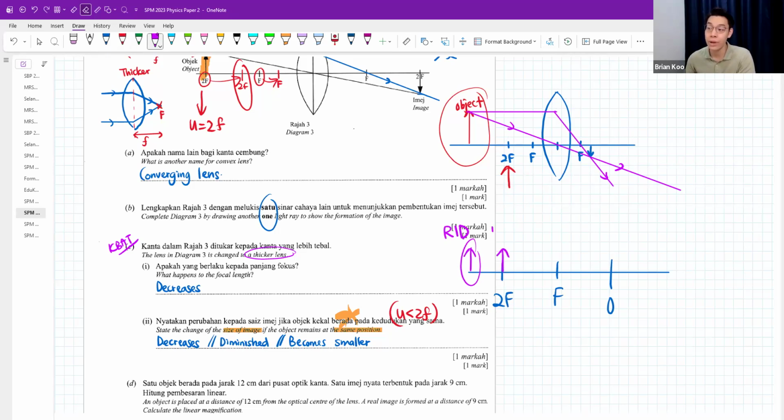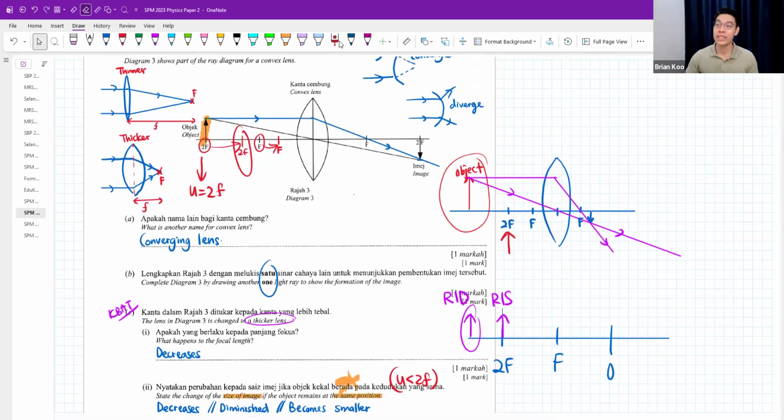At 2f, you're going to get a real, inverted, same size image. That is the difference. Do you notice this was the same size? Do you notice this is diminished from the object to the image? The image has gotten much smaller.